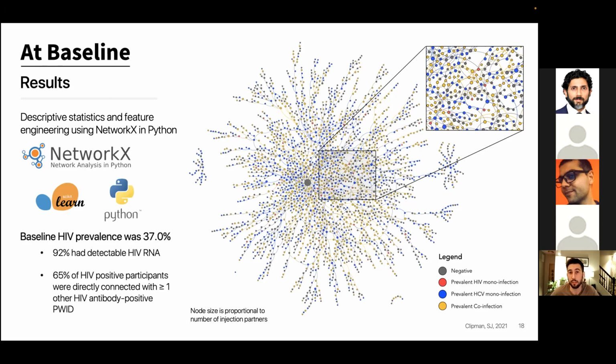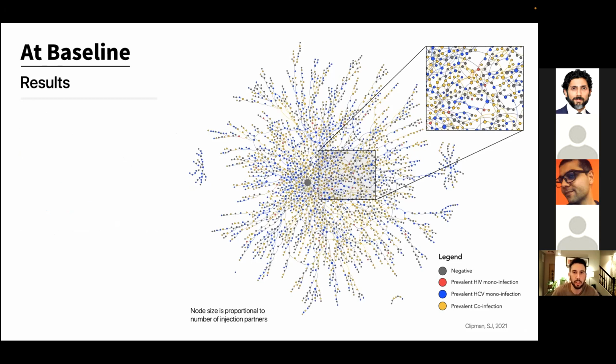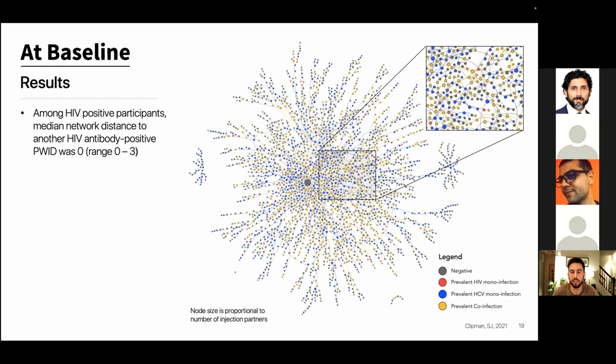Baseline HIV prevalence in this cohort was 37%, and 92% of our participants had detectable HIV RNA. Looking at the network figure on the right, of the HIV positive participants at baseline, 65% were directly connected with at least one other HIV positive PWID. So 65% had an HIV positive person within their egocentric, their direct network. But if we look beyond those direct connections, the path length to another HIV positive PWID ranged from 0 to 3, with 0 signifying a direct connection and 3 representing 3 individuals along the shortest path separating 2 nodes.